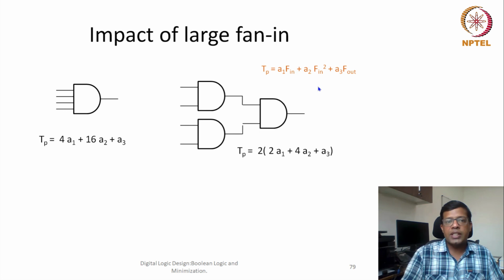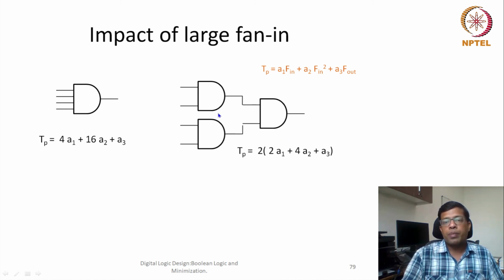If that is the case, let's take fan-in as 4. So I can say this propagation delay here would be 4 into A1 plus 16 into A2 plus A3, and here it would be twice, because this is first level, this is second level.